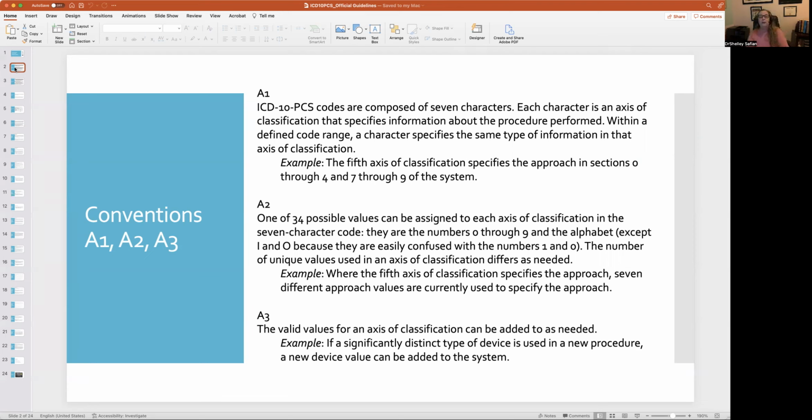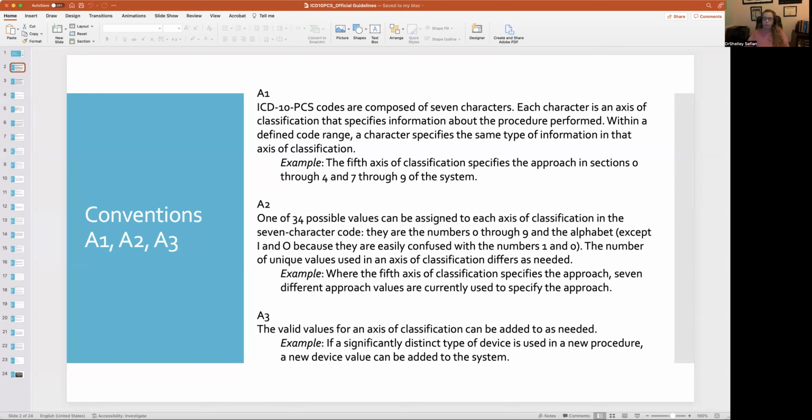For example, A2 reminds you that all of the valid characters in any ICD-10 PCS code are going to be constructed of numbers 0 through 9 and all of the letters of the alphabet except the letter I and the letter O. And if you remember, we talked about this because they can be so easily confused with the number 1 and the number 0. So we're always going with numbers and then letters except I and O.